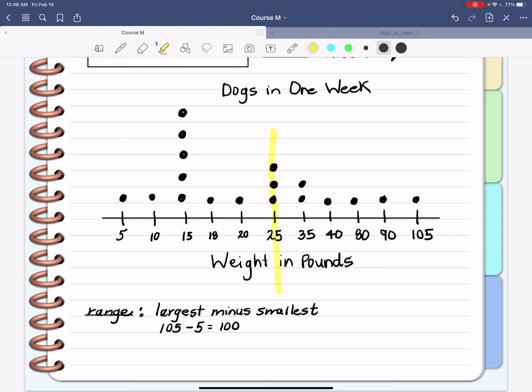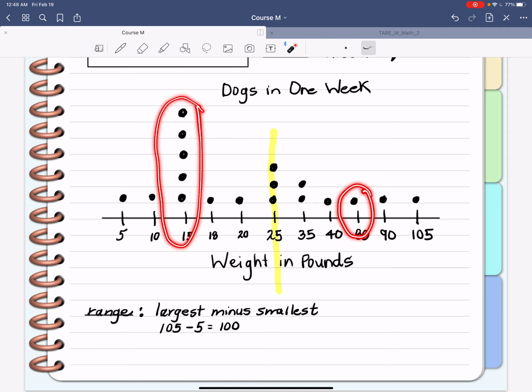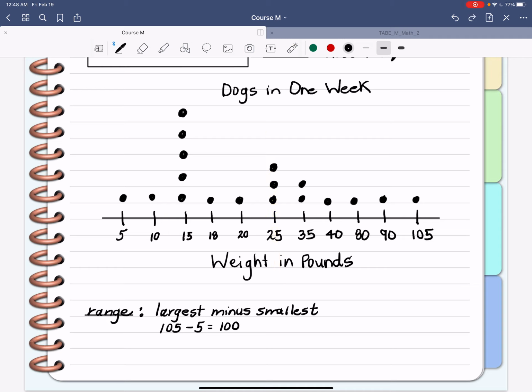Is that a mirror image on each side? It's not, because this guy's way tall and this guy's way short. That is not a symmetrical distribution. So we can say that this is not symmetric. I can't make that mirror fit anywhere that would give me the mirror image.